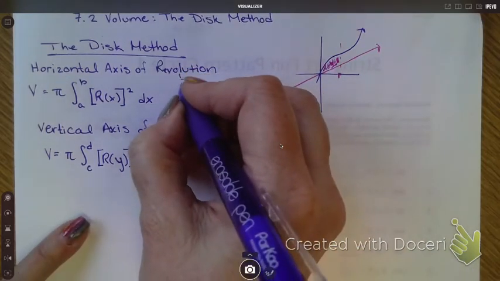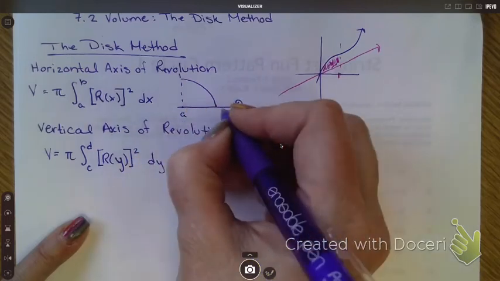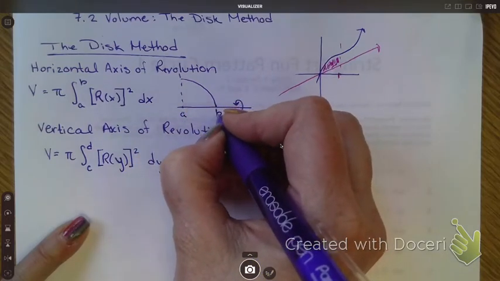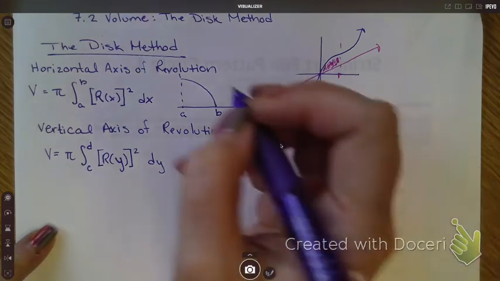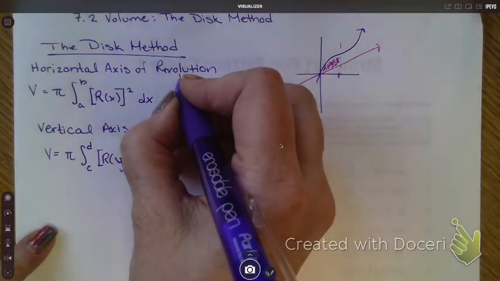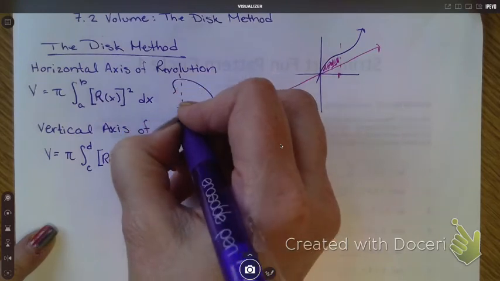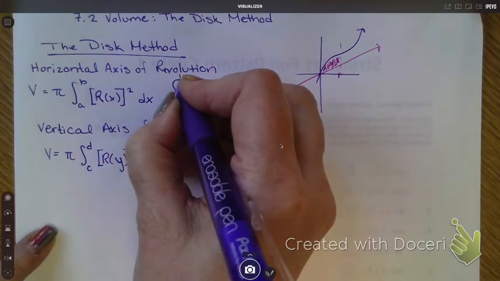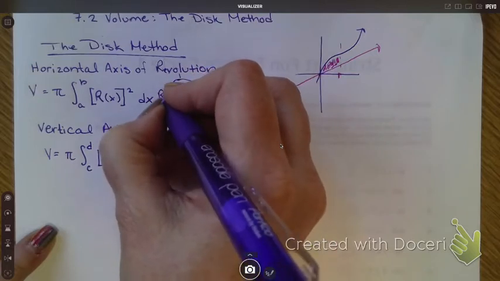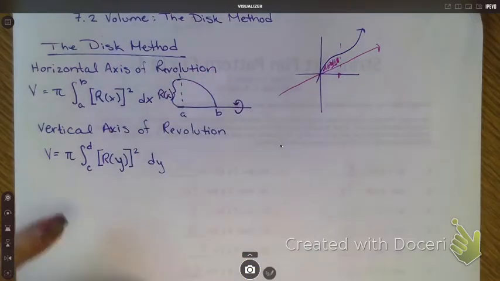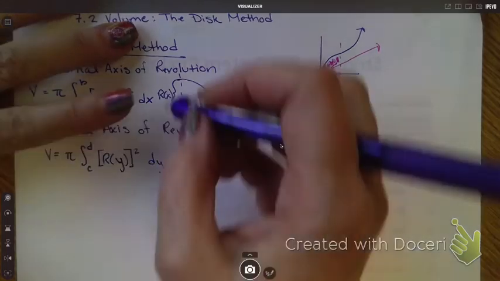Yeah. So this is A, this is B. And from here to here would be my R of X. That radius of revolution. Can you explain that?